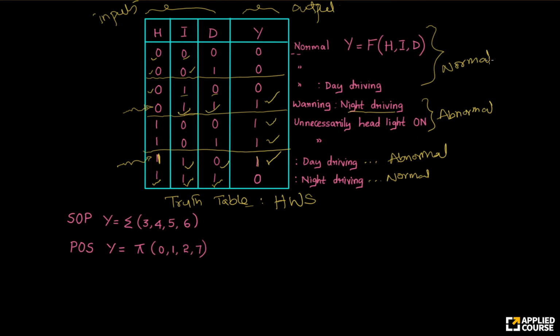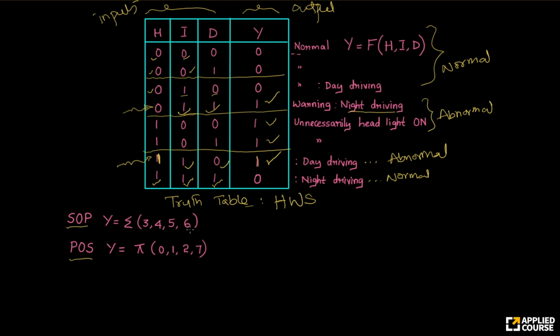We can express it in two ways. One is called the sum of product expression, another is the product of sum expression. We want to say what should be the Boolean expression for this headlight warning system. From the truth table, we should derive it.